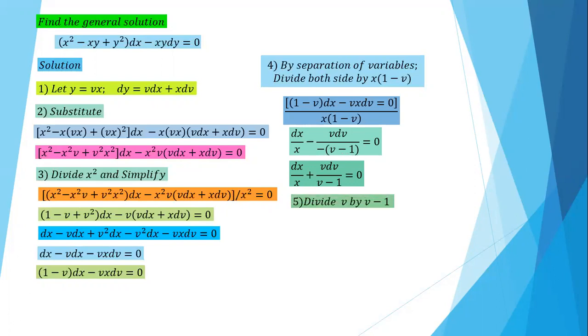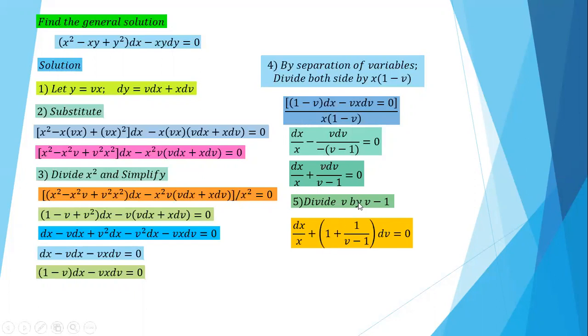Then we divide v by v minus 1. Then we have dx over x plus the quantity 1 plus 1 over v minus 1 dv equals 0.